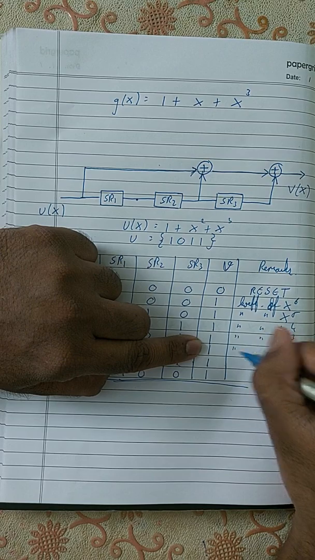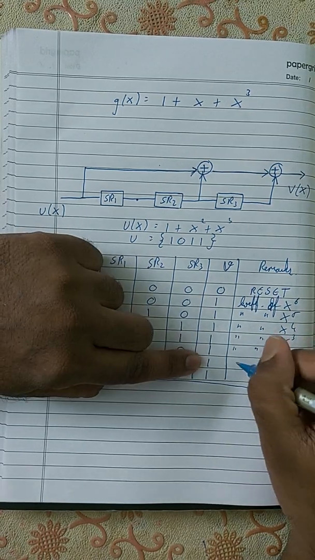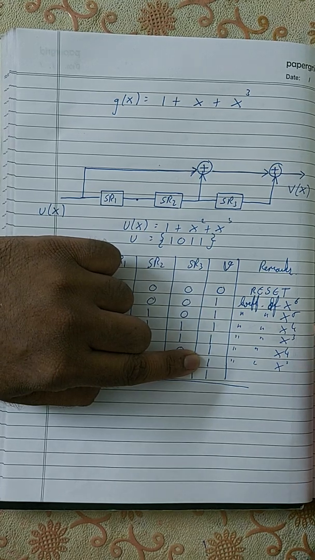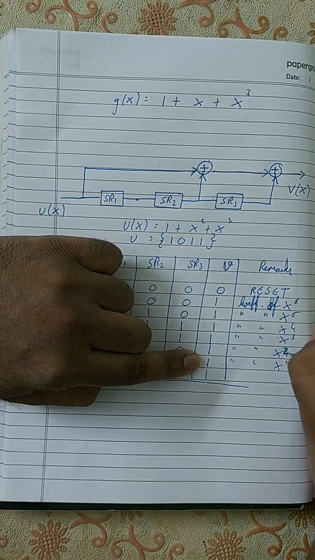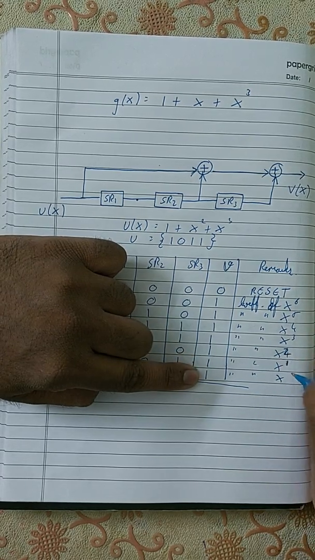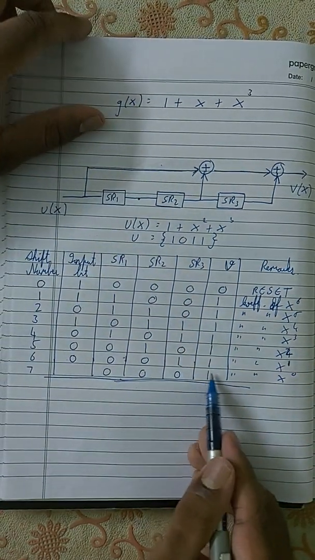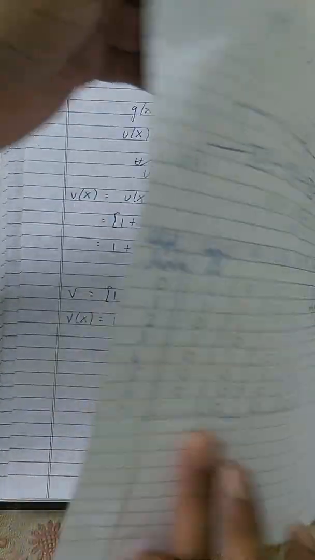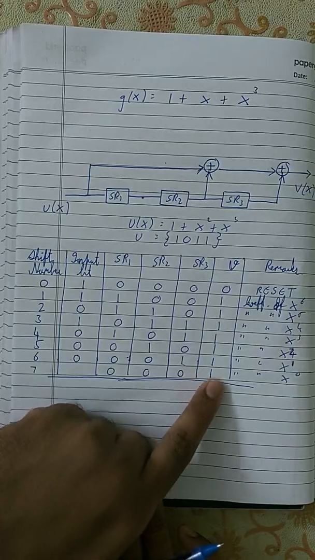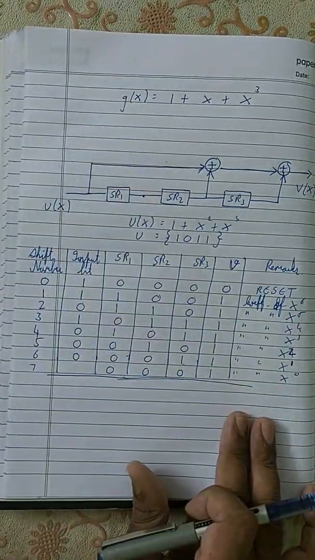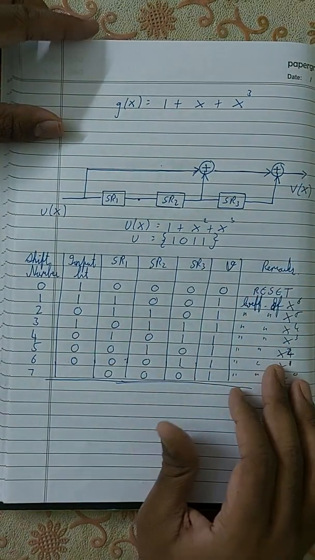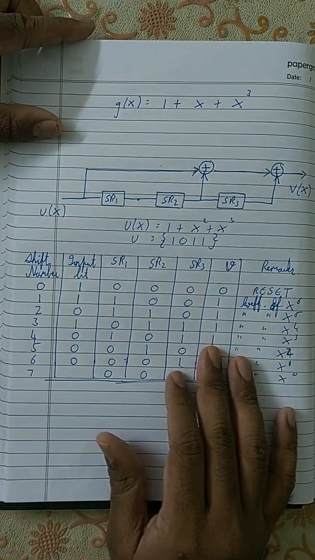Sorry, I did make a mistake. This is the coefficient of x raised to 2, this is the coefficient of x raised to 1, and this is nothing but the coefficient of x raised to 0, which means this one over here represents the coefficient of this one. This same one is this last one over here. So this is how we explain the encoding of the non-systematic cyclic code.